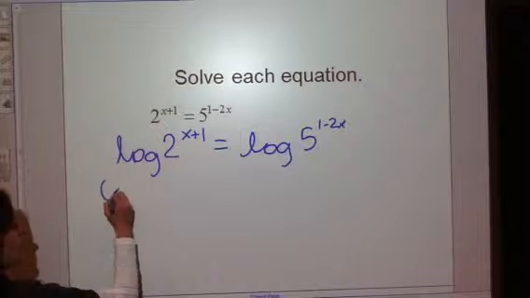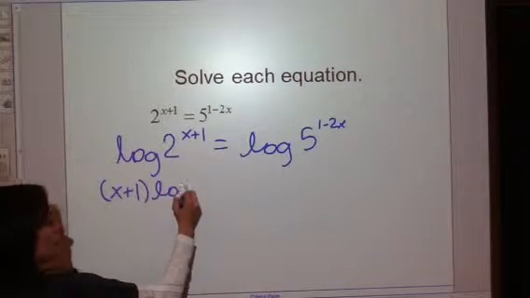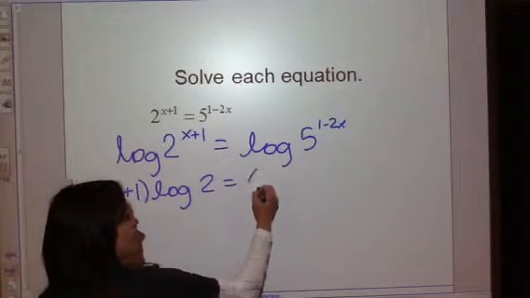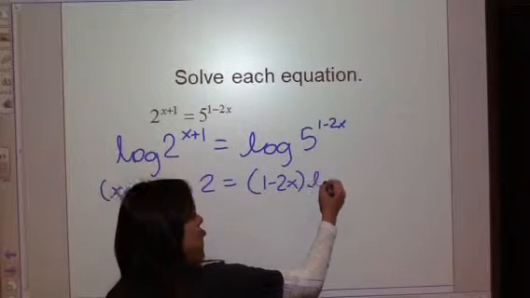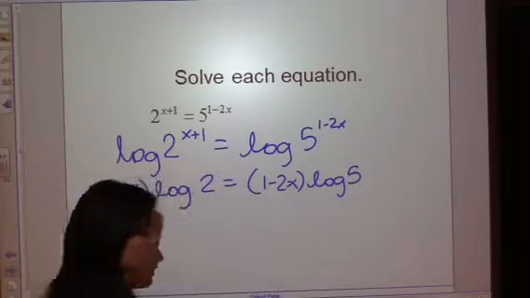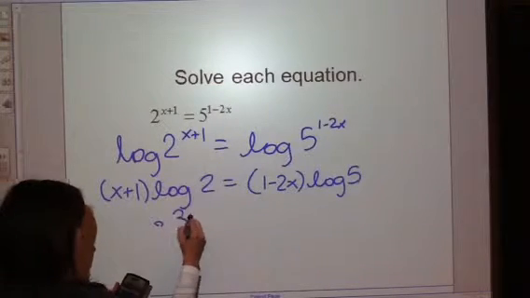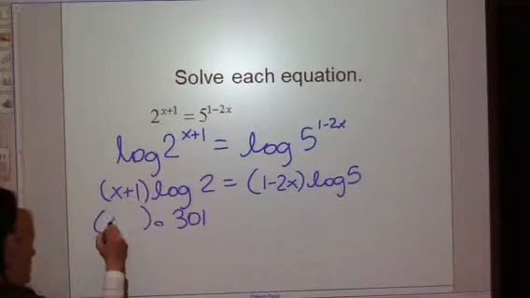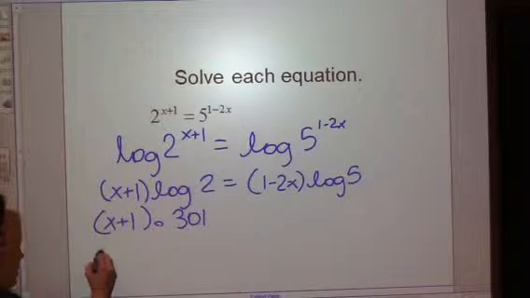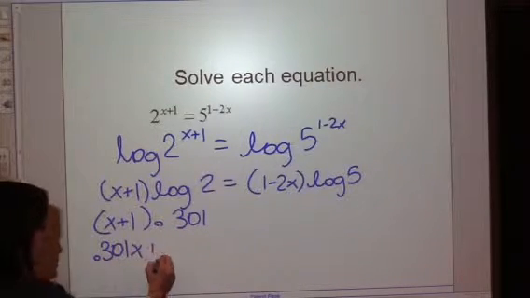Move your exponent in front. Figure out what log 2 is. You get 0.301. Distribute the 0.301, 0.301x plus 0.301.